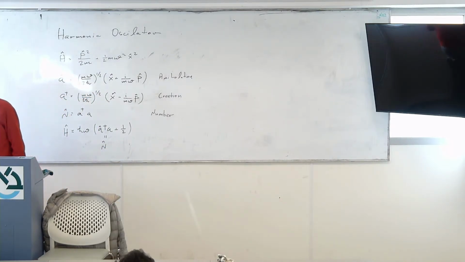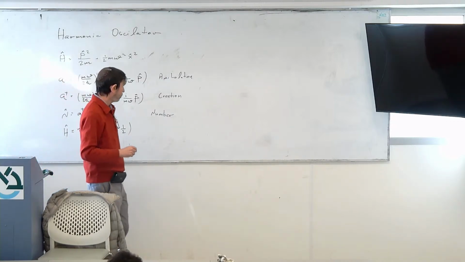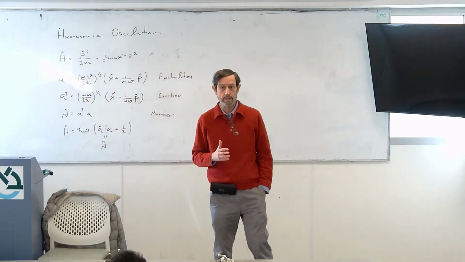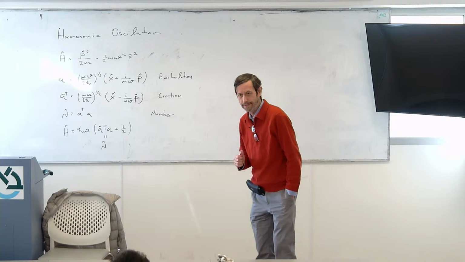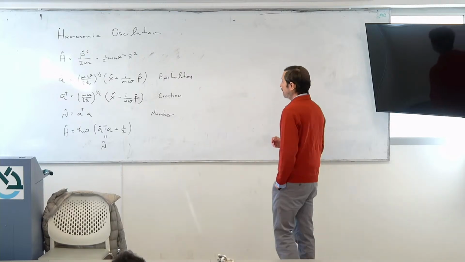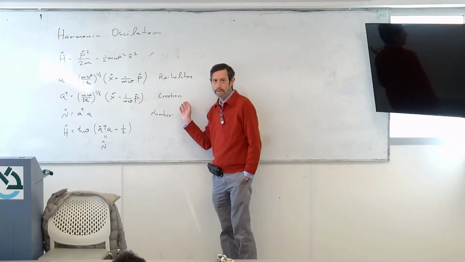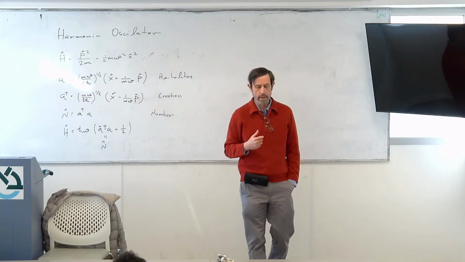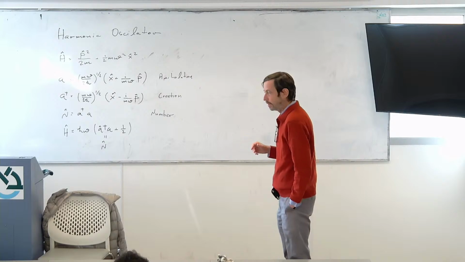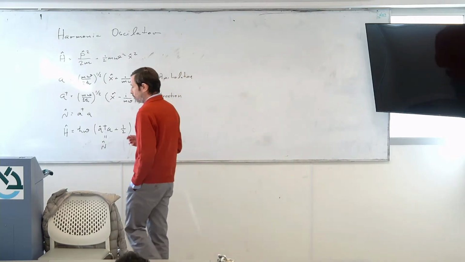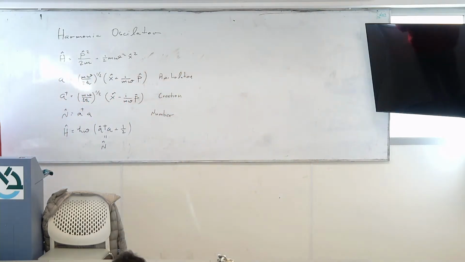The reason that we play this game is twofold. One, it makes solving this problem unbelievably easy. And the second, it has deep physical meaning, which goes beyond this particular problem, and I'll discuss it a bit towards the end of today's lecture.